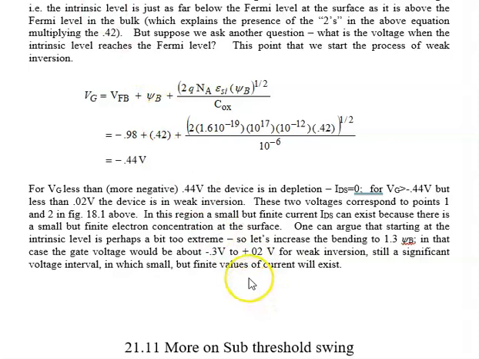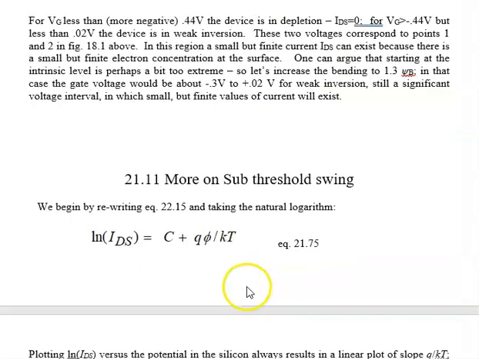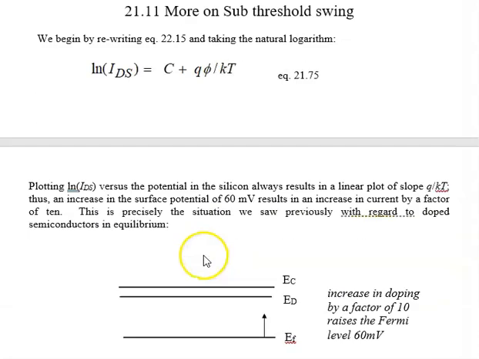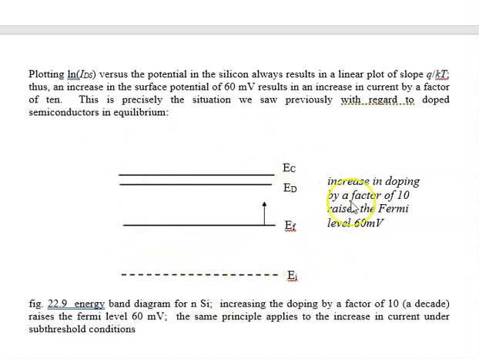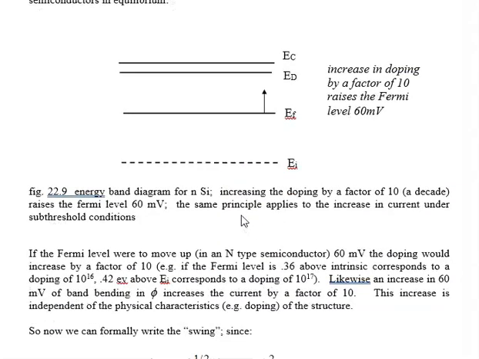And I guess just one more attack on this from a slightly different perspective. If you write the logarithm of the drain current, of course it's the exponential, the power in the exponential comes down. If I write it as a function not of gate voltage but of band bending, it looks exactly like what we had for the energy band diagram. So if the doping increases by a factor of 10, the Fermi level goes up by 60 millivolts.